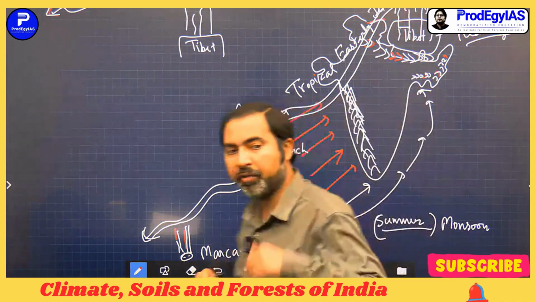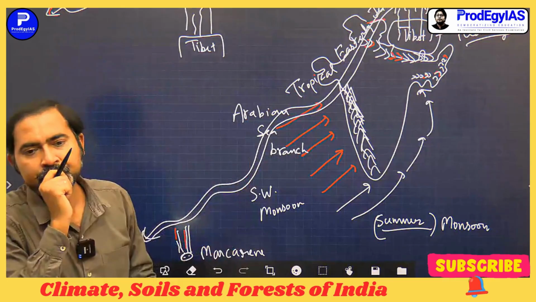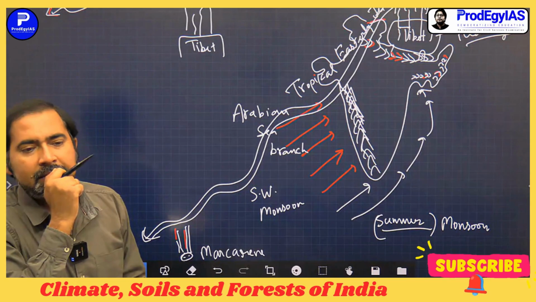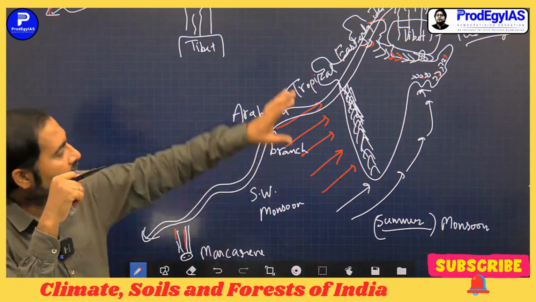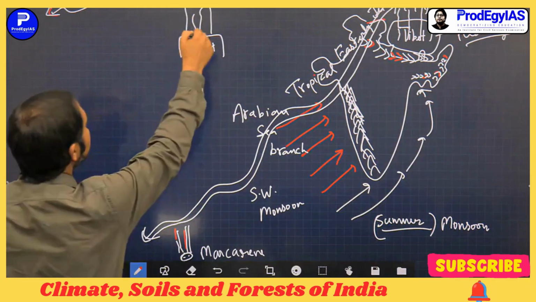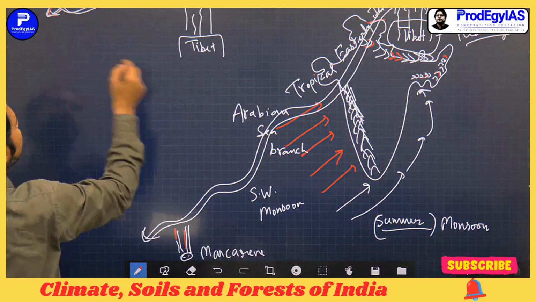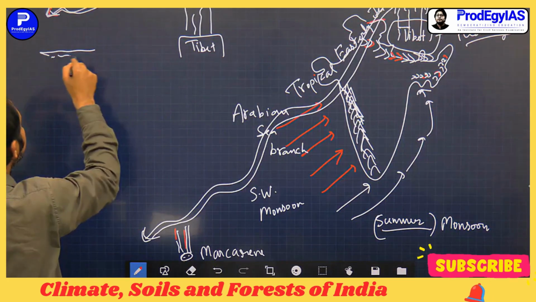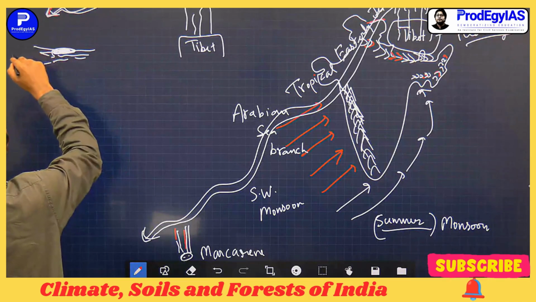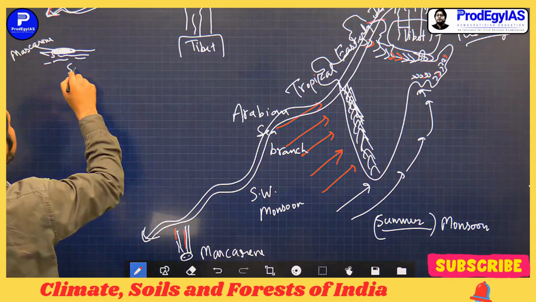Other jet streams are called westerly jet. They flow from west to east, but this is a special and temporary type of jet stream. This is not a permanent jet stream. And this is formed only in summer season and only in this particular zone. So because of this summer heating, this jet stream arises and it ends here, at the island known as Mascarene in the southern Indian Ocean.